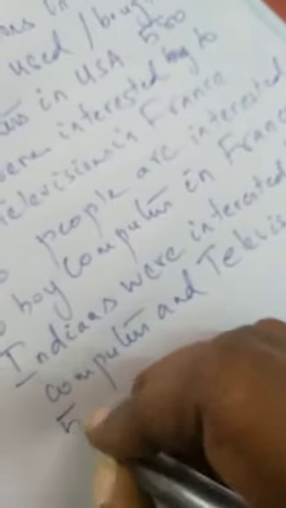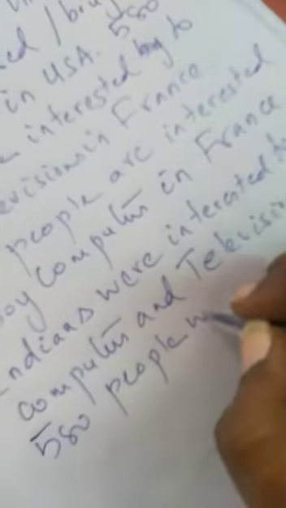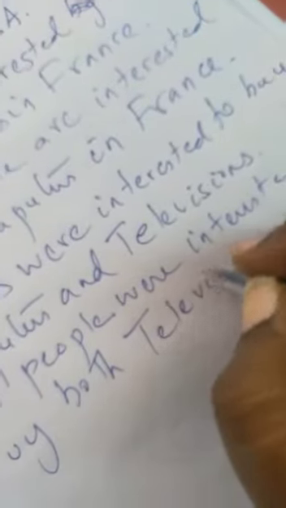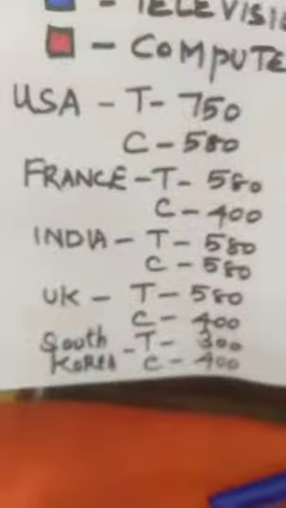So you can say 580 people were interested to buy both televisions and computers.